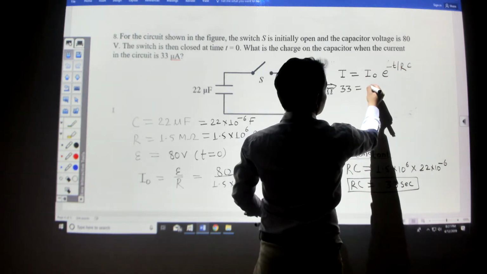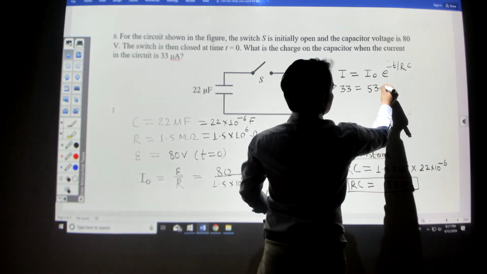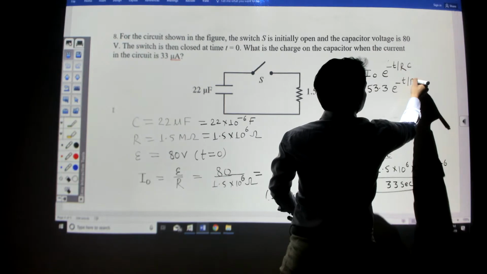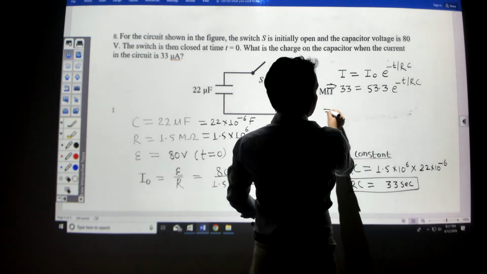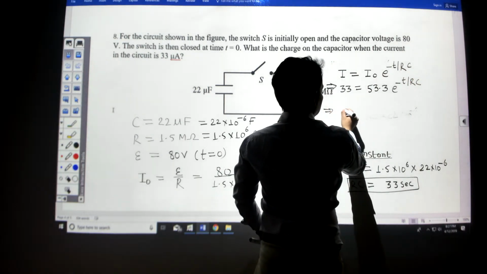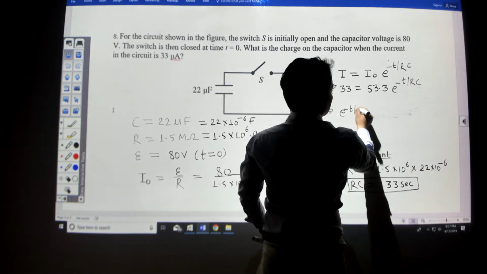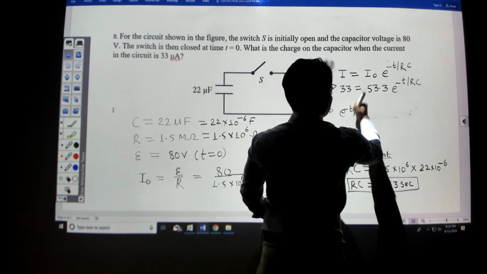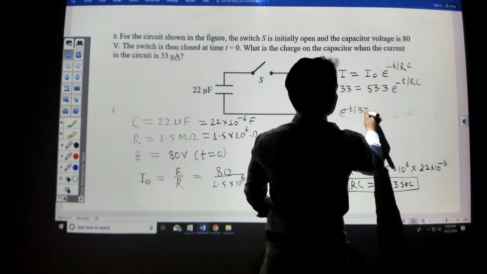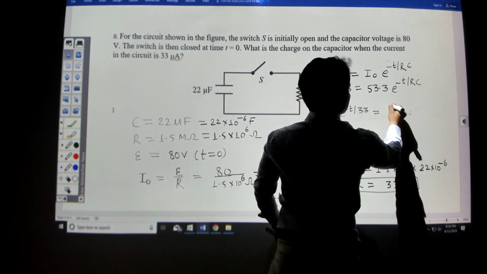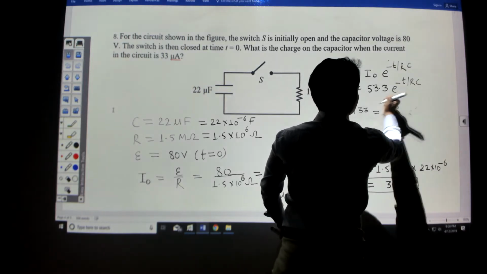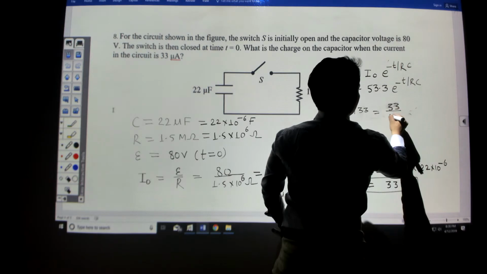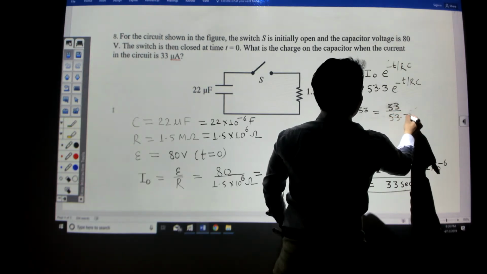So this is 53.3 times e to the power minus t over RC. We know the value of RC too. RC is 33 seconds. So this is 33 divided by 53.3.